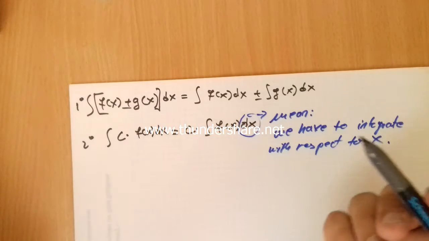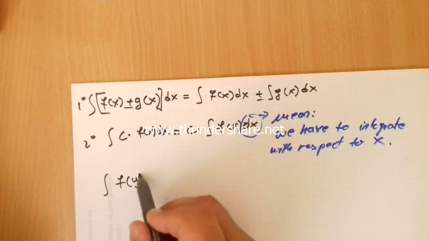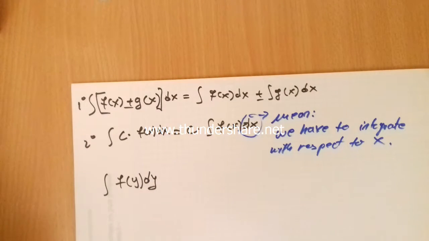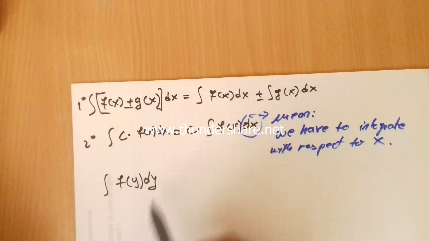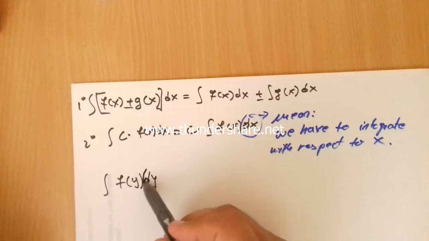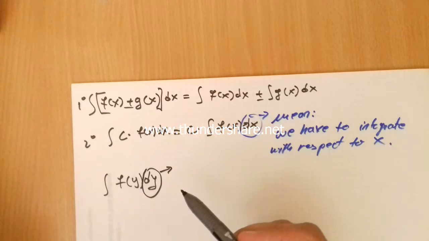We could, for example, have the integral of f of y dy, so we should take the integral with respect to y. This tells us with respect to what we take the integral.